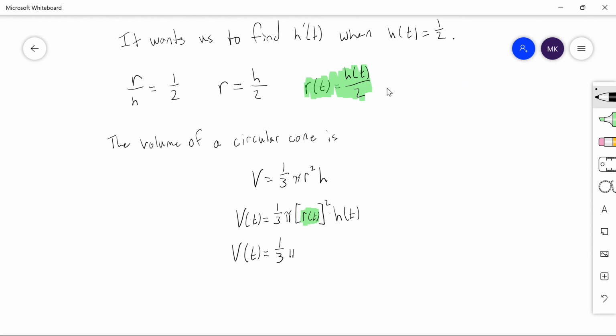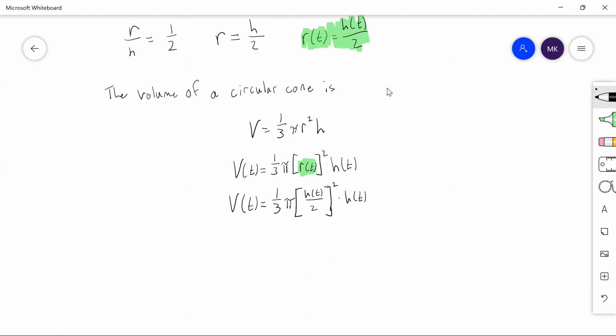is 1/3 pi h of t over 2 squared times h of t. Which if we simplify this, so we square h of t over 2, we end up with a nice little formula.